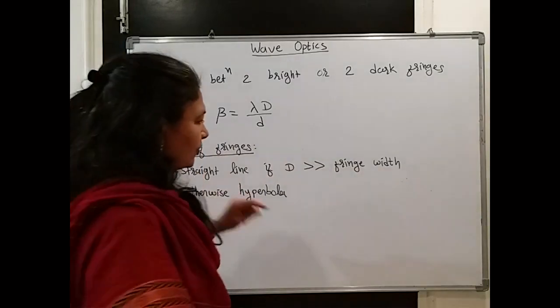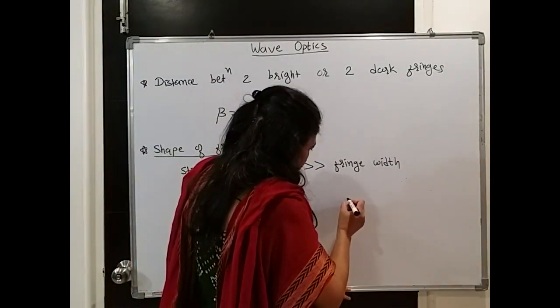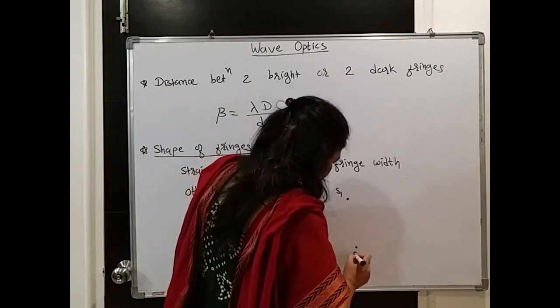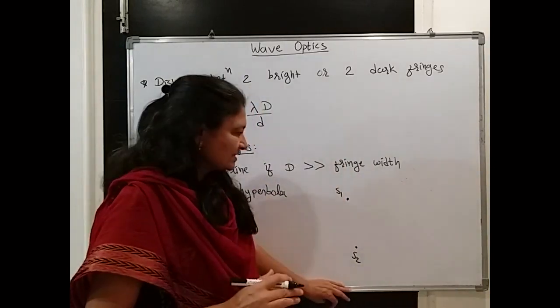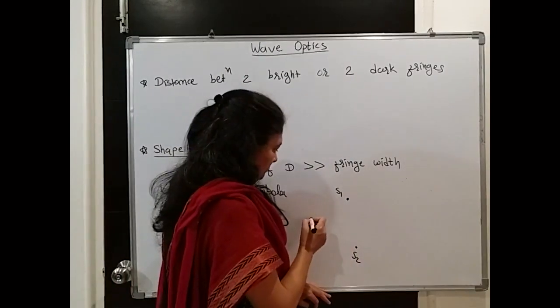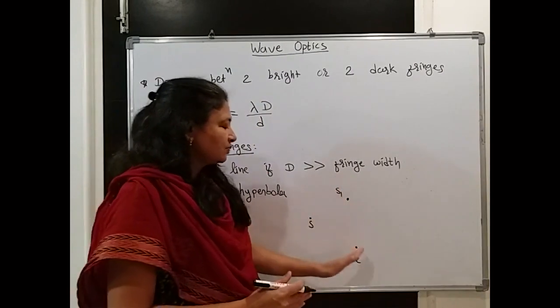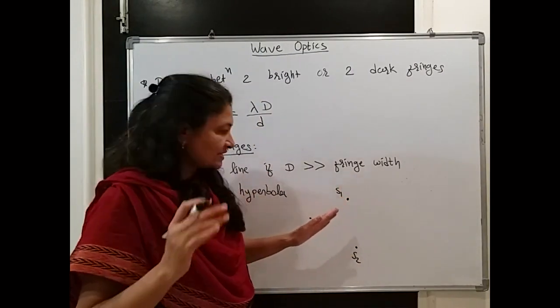Now, one more point we have to keep in mind. Suppose these are the two slits S1 and S2. We are considering Young's double slit experiment. In Young's double slit experiment, you know that there is one source, and from one source, the two sources are created. Try to recall Young's double slit experiment.